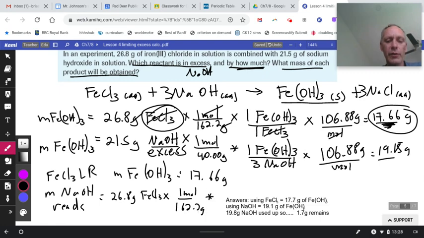Okay, molar ratio, we are looking for NaOH, so 3 NaOH for every 1 FeCl3. And molar mass of NaOH is 40.00 grams per mole. Okay, so what mass of NaOH reacts? 19.82 grams.